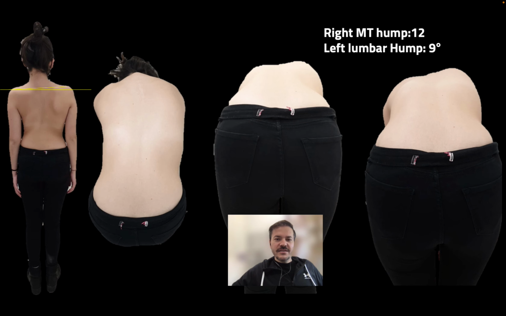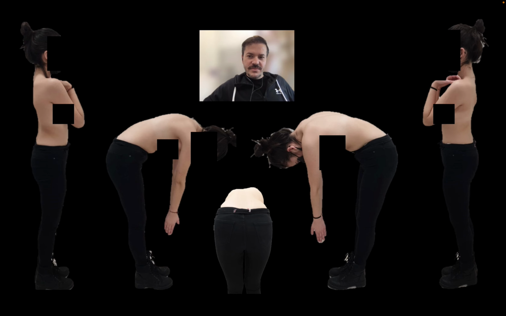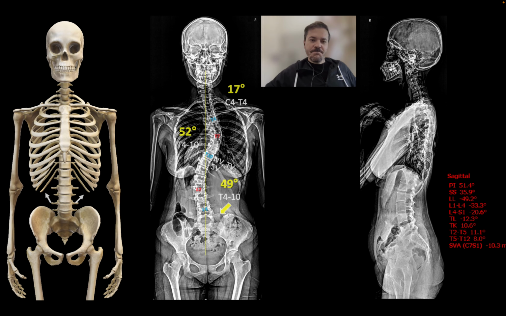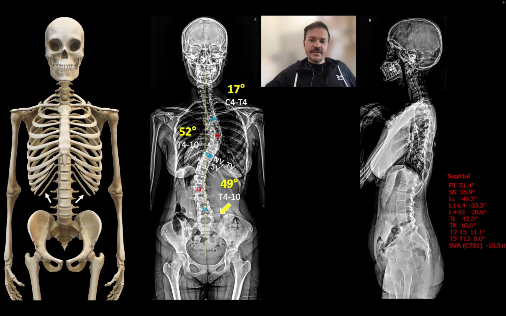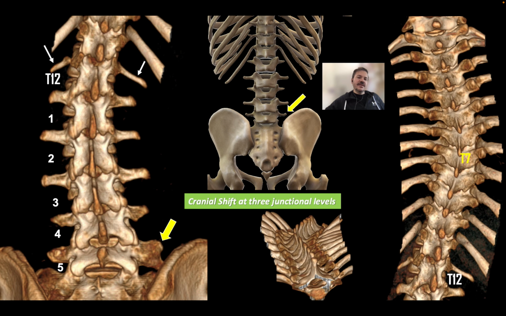And these are the clinical images. When we look in further detail, we see that there are some changes in the thoracic and lumbar part. We see very tiny T12 costas on both sides, and L5 has a marked transverse process on the right side, as you can see on the images.